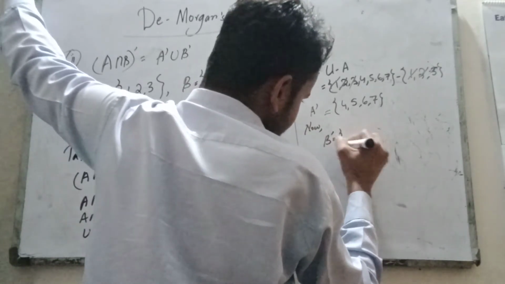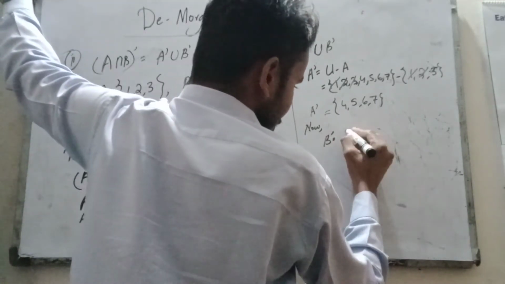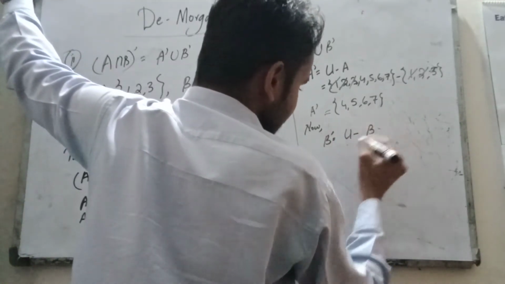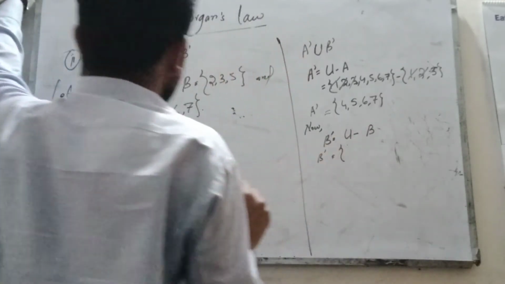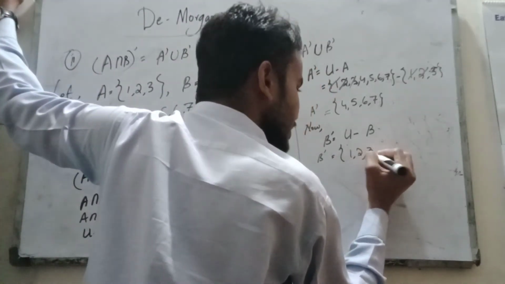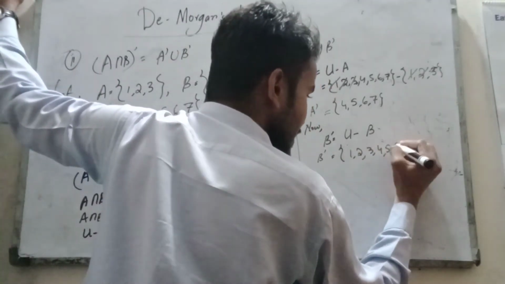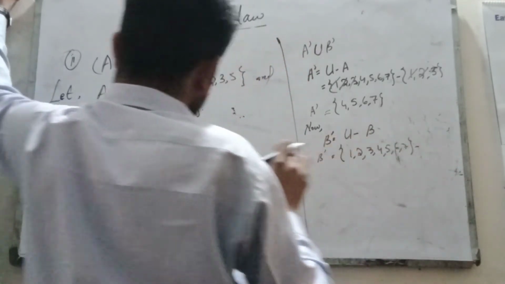Now find B complement. B complement is equal to universal set minus B. So what is the universal set? Universal set is equal to 1 2 3 4 5 6 7 minus, what is the set B?